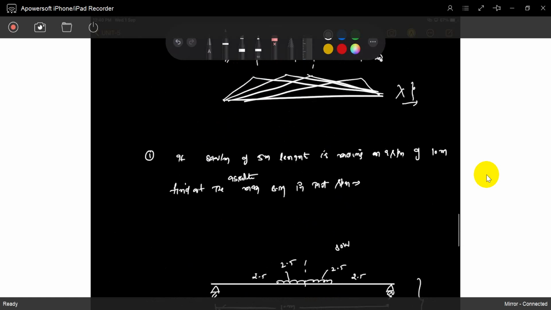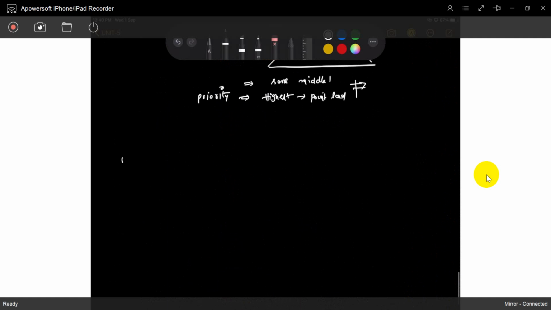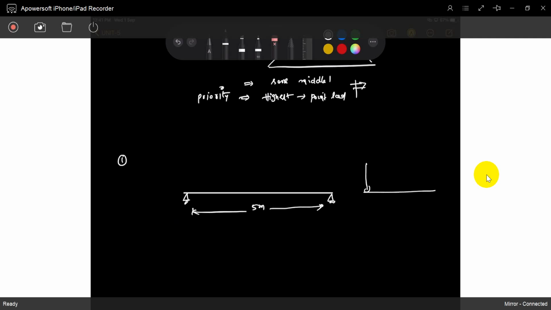So see the same problem. I will give the section: it is a 5-meter section. Rolling loads are 250, 150, 400, 120. The distances are 0.8, 1 meter, and again 0.8.